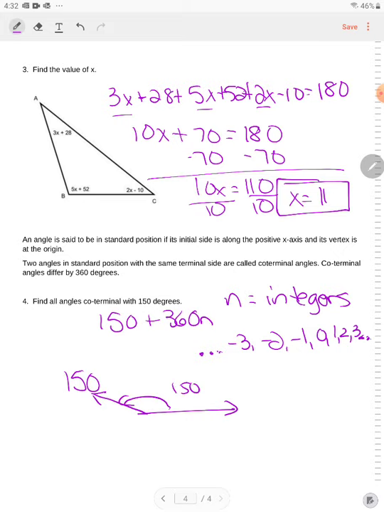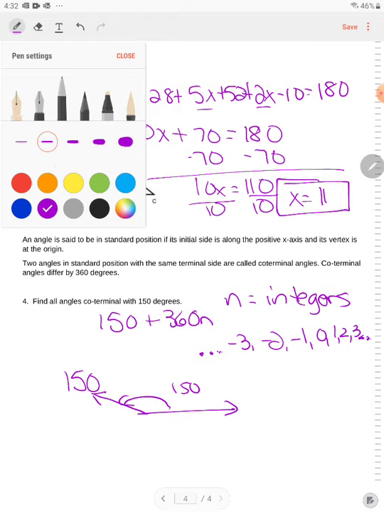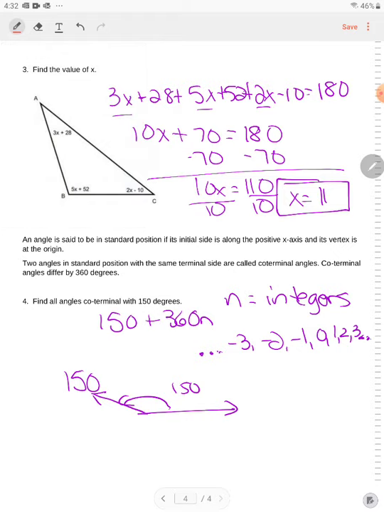So if I come in here and circle around one time and want to end up in the same spot, that angle is different. I know we end up and it looks the same, but our angle would be 150 plus 360, 510. So 150 and 510 degree angles are coterminal.